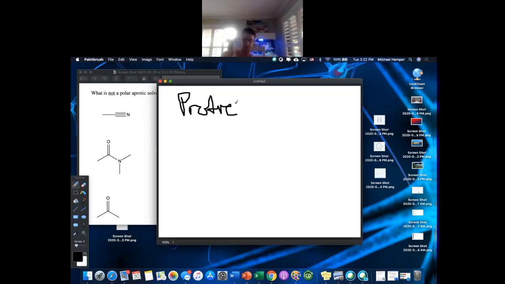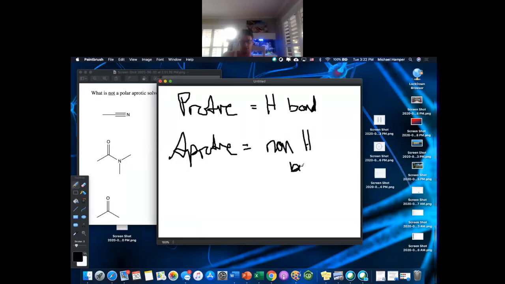Protic means proton, and if it's able to donate that proton, you're also saying that there's hydrogen bonding. So protic has H bonding, hydrogen bonding. Aprotic does not have hydrogen bonding. Does that make sense, everybody?